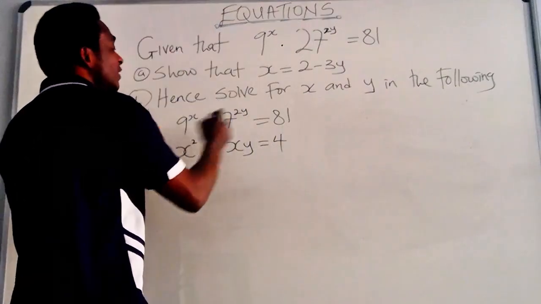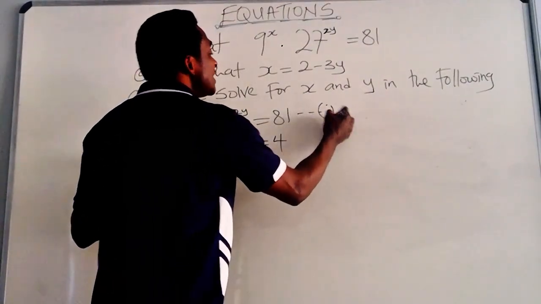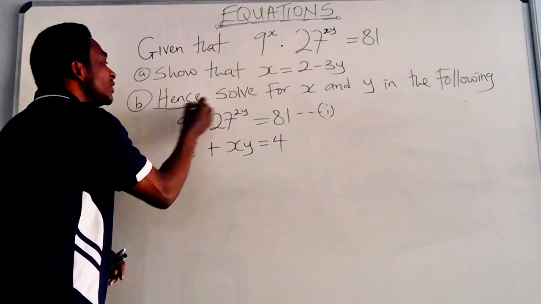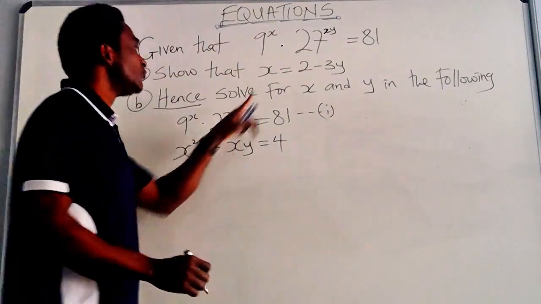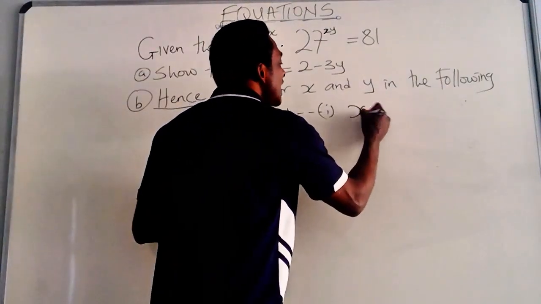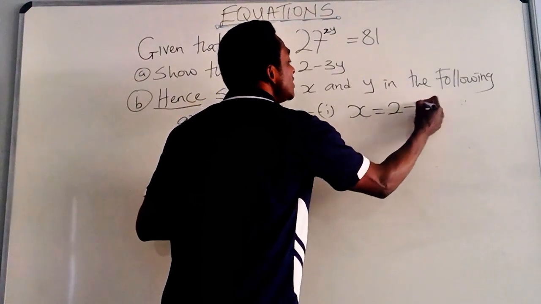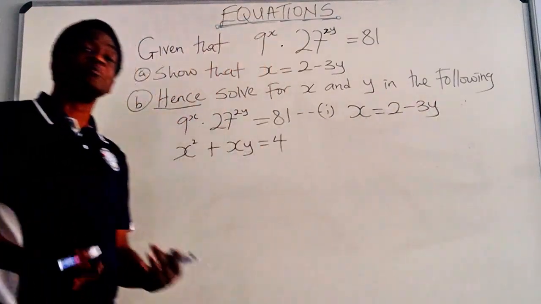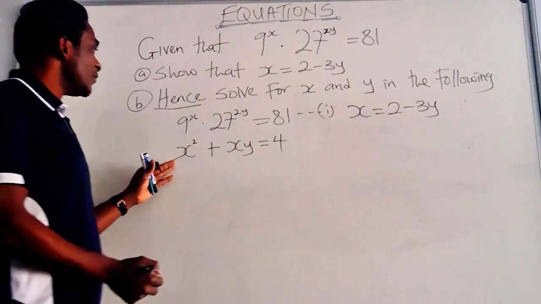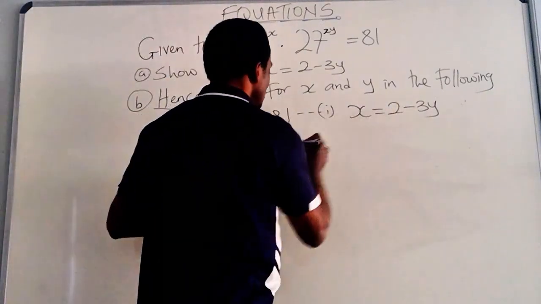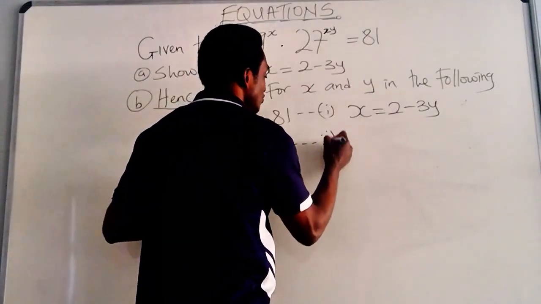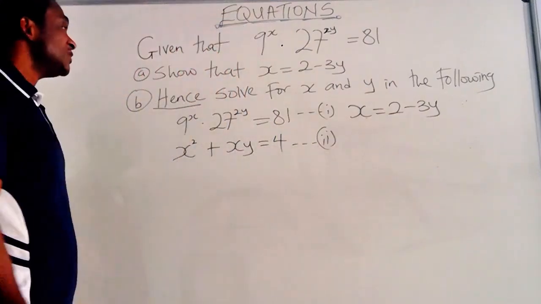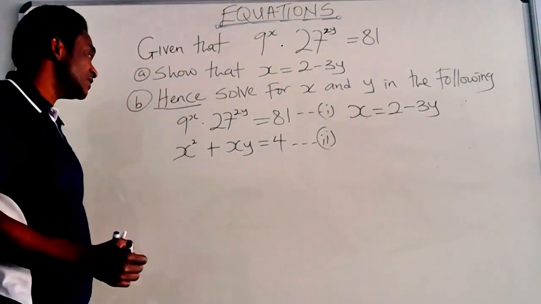Now they gave us this, we call this our equation 1, but we should understand this word. Because of this word, our equation 1 will be replaced with x equals 2 minus 3y, because we continue from the last section. Now, this will be our equation 1 and this will be our equation 2. To solve simultaneously, we use the substitution method.